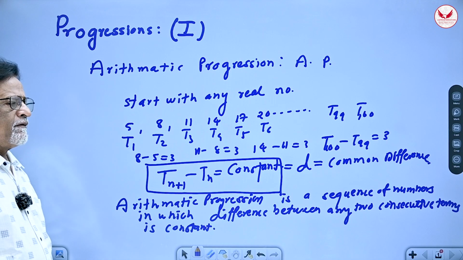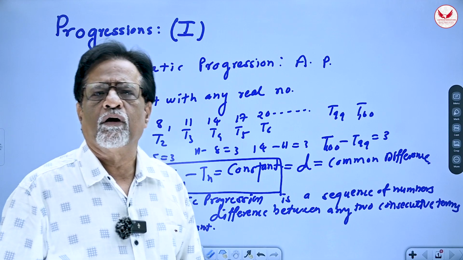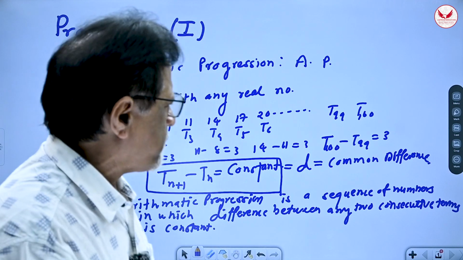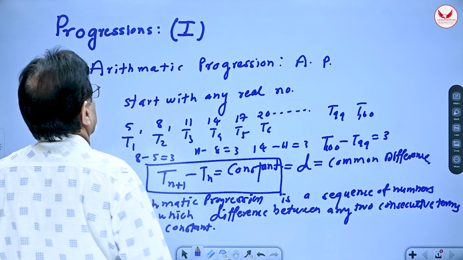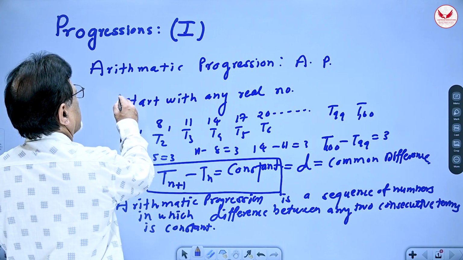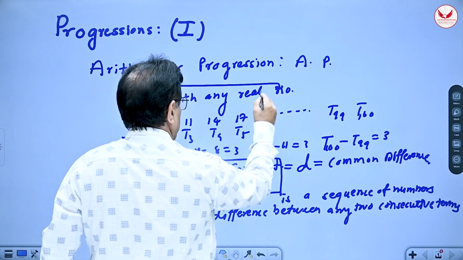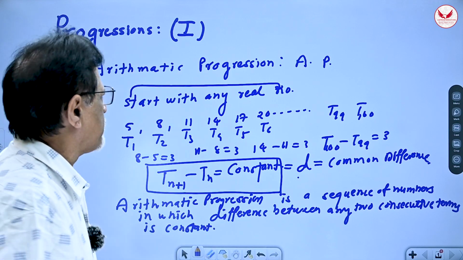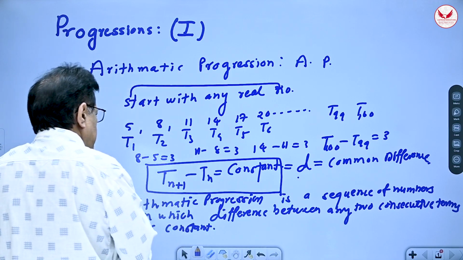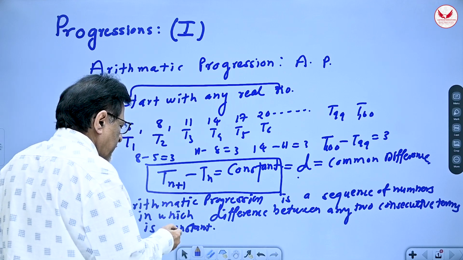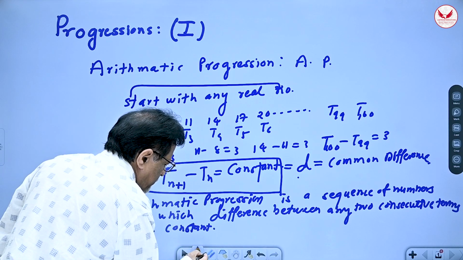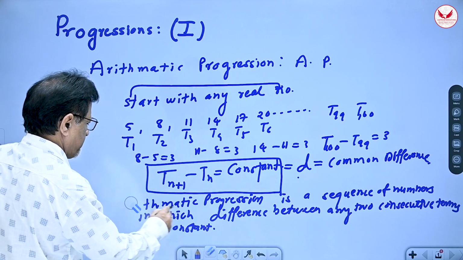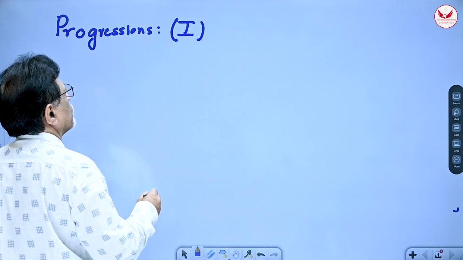So we start with any number, but we need two things in order to build this arithmetic progression. First is the starting number, right? And then we need what? A common difference. And we can immediately construct an arithmetic progression. So we need only two things.